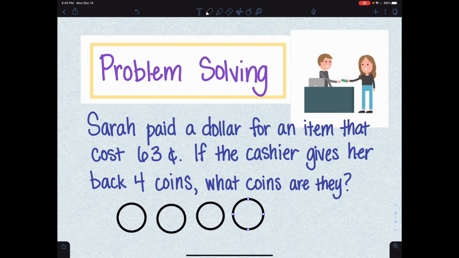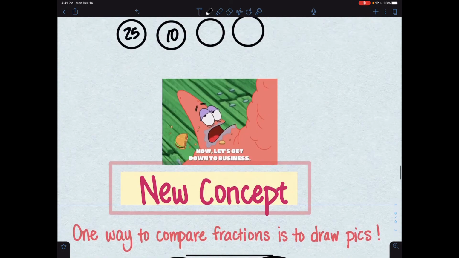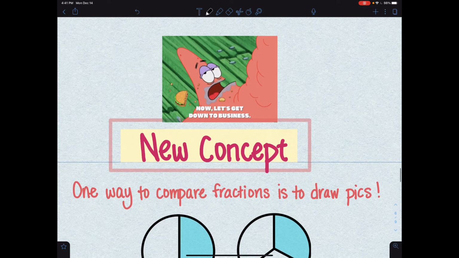Then you need to figure out a way that you can get that amount of money with only 4 coins. Okay, so maybe there's a quarter here, maybe there's a dime. You know, you can kind of figure out what they should be. All right, so I'll let you pause it there, and I'm going to go on to the new concept.